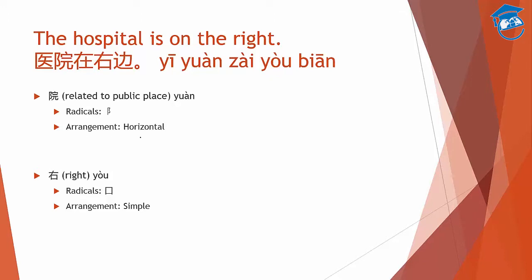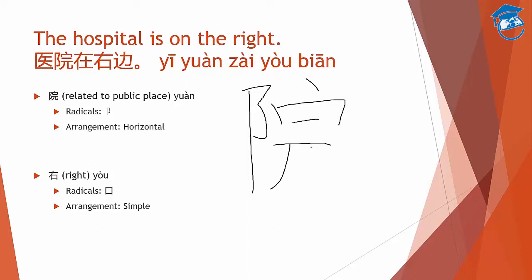The arrangement is horizontal because you have a left and right component, and the left component is the radical. So this is how you write 院. 10 strokes for 院.